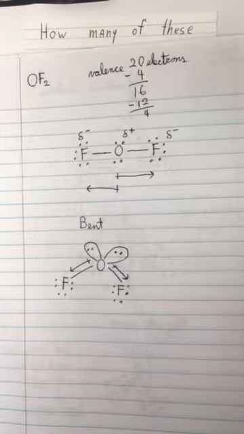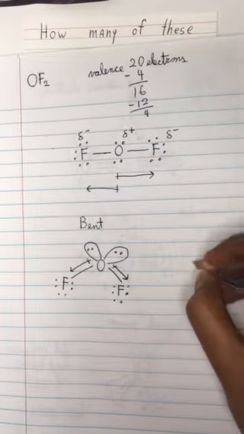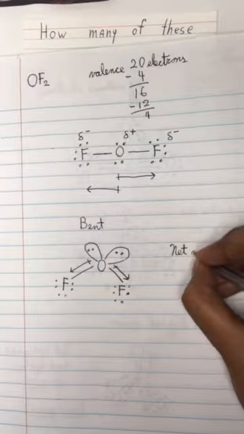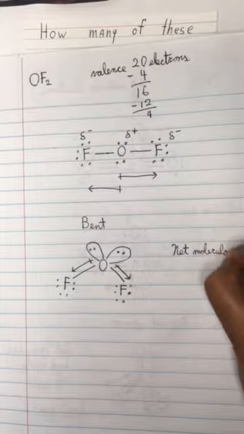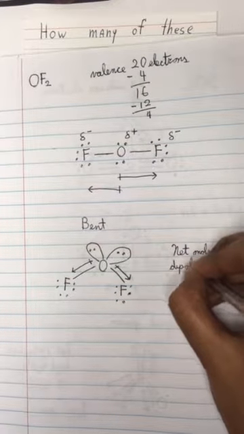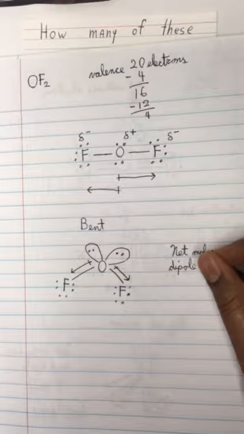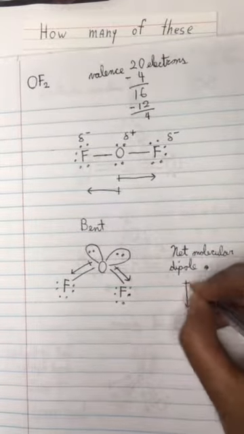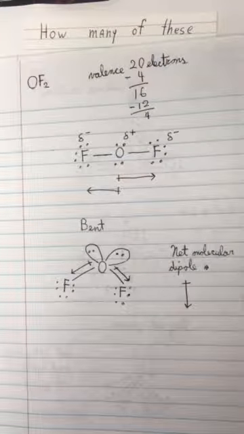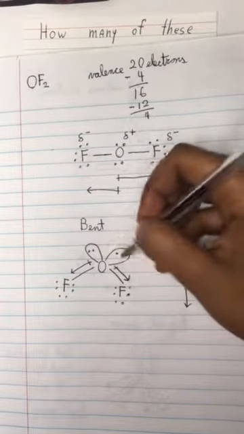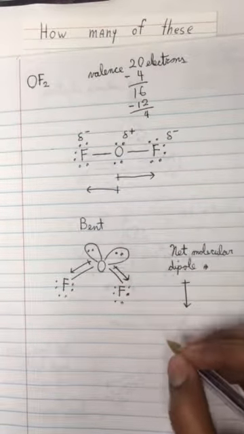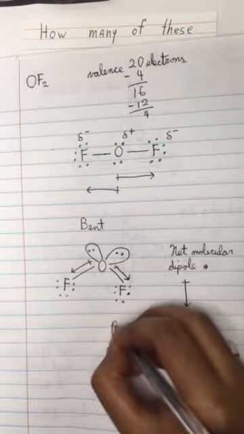Since this molecule has a molecular geometry of bent, the net molecular dipole movement is going downwards and does not cancel out because it has 2 pairs of unpaired electrons. Which is why OF2 is polar.